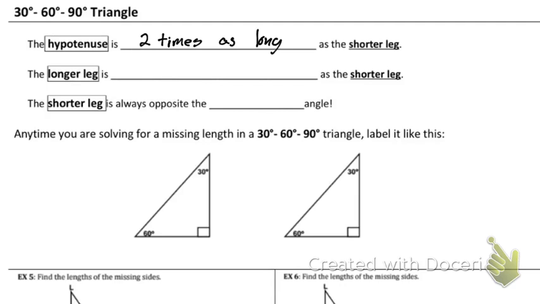The longer leg is going to be square root of 3 times as long as the shorter leg. Remember, the shorter leg is always opposite the smallest angle, or the 30-degree angle.